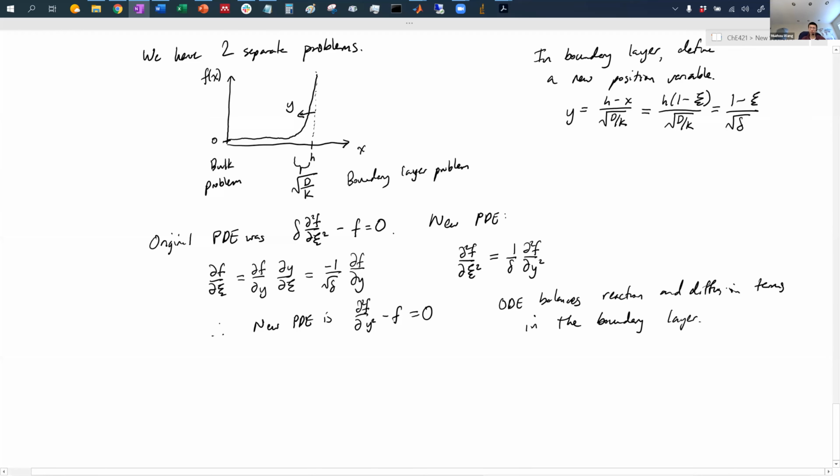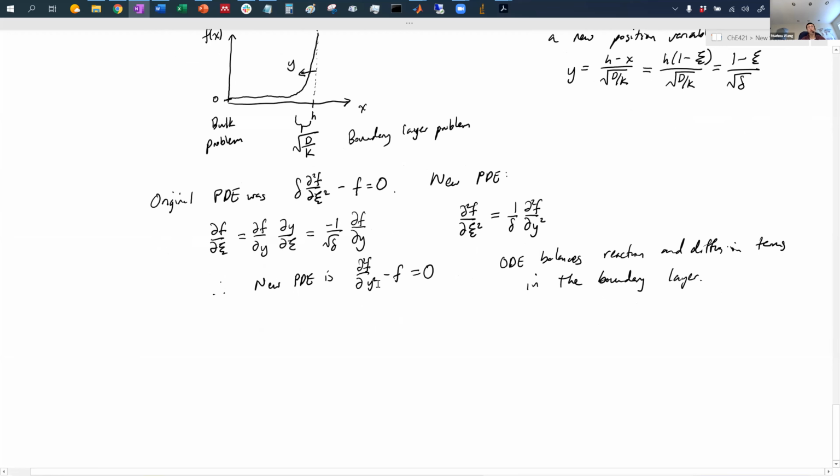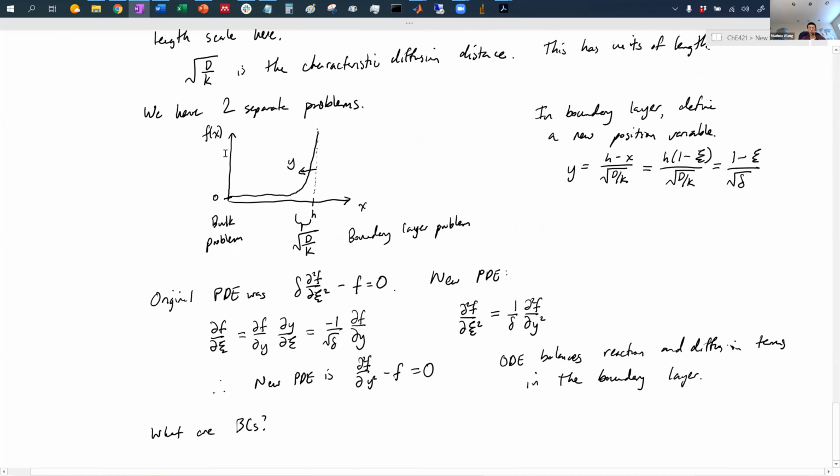Okay? And so here's a differential equation that we can solve. We're going to need boundary conditions for that differential equation, right? So what are these boundary conditions? Well, this was our original problem here, right? We had that our concentration is equal to some C0, so f is equal to 1 at x equal to h.